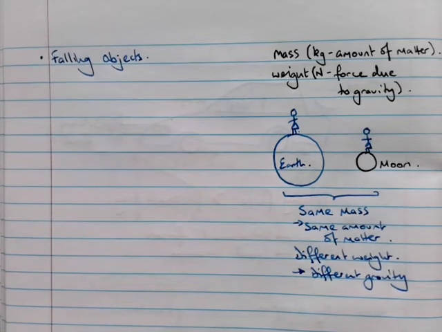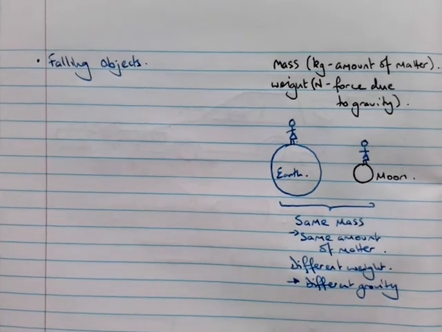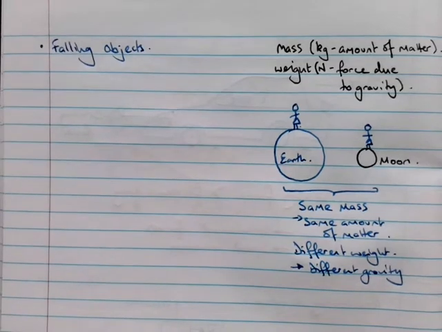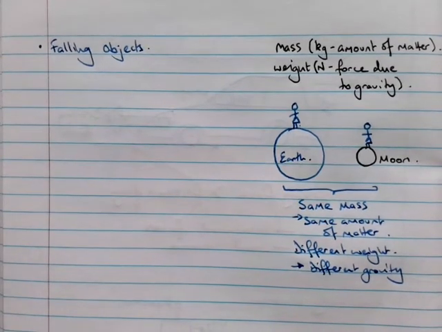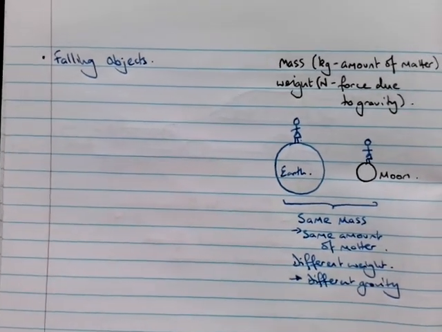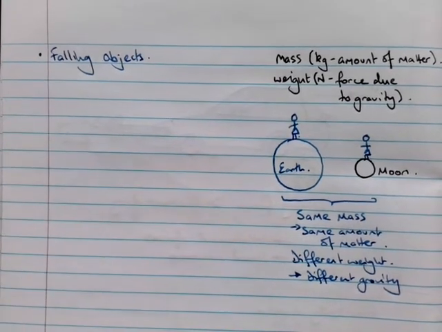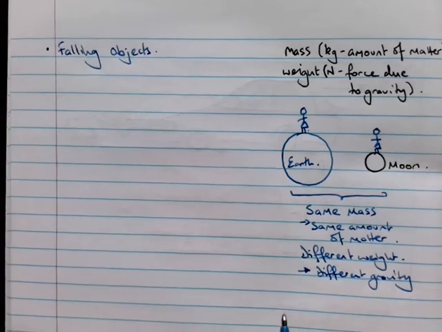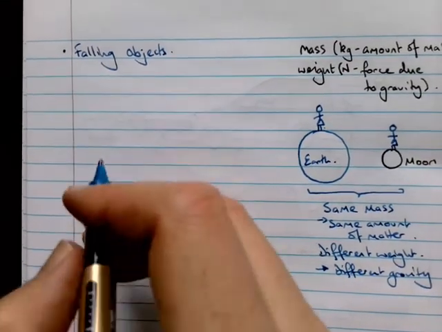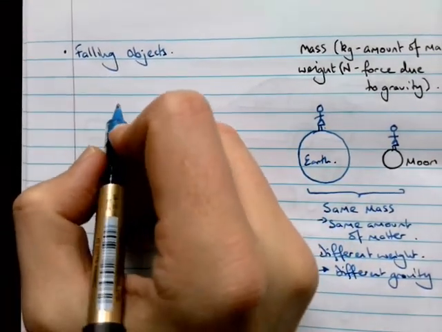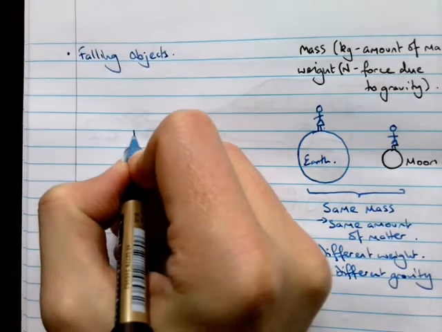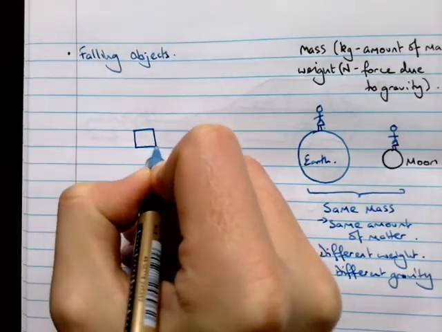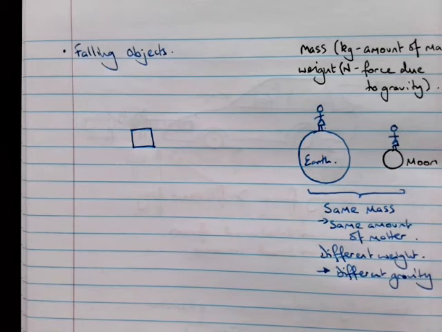So it's really important that when we talk about these things in physics we're using the right word. We're going to be talking about the forces on objects as they fall, so we're talking about their weight. Let's imagine that you jump out of an aeroplane.